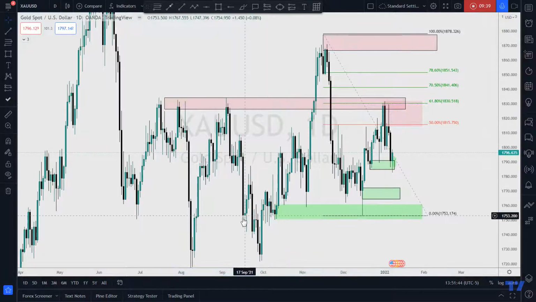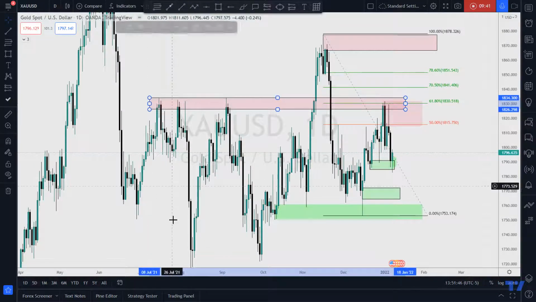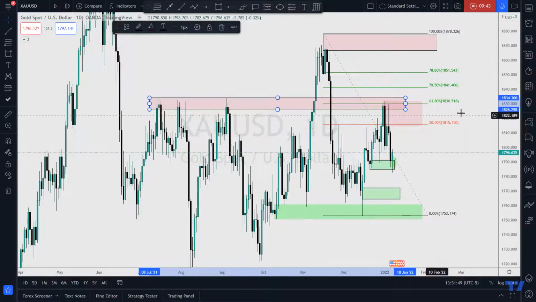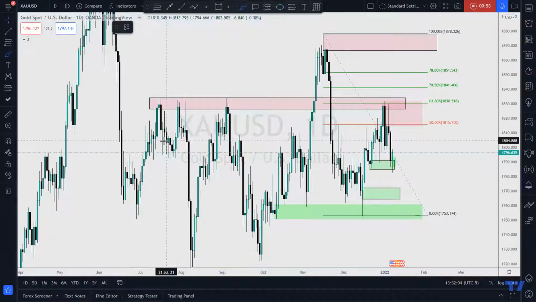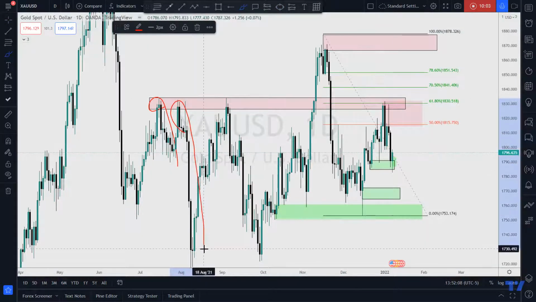All right. Am I supposed to ignore that? Am I supposed to ignore this level at around 1835? 1830 and 5. Every time price comes up here, we get some bearish reactions. Did we not get another bearish reaction?